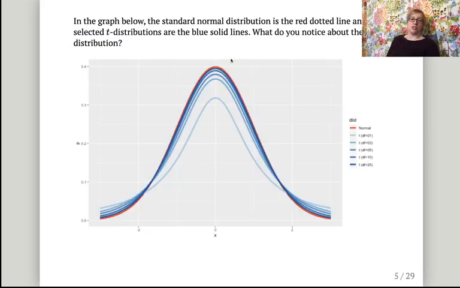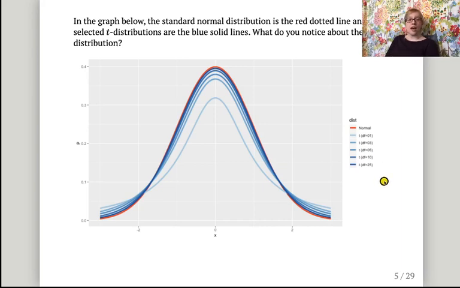Here's what the t-distribution looks like compared to its parameter, degrees of freedom. Now, degrees of freedom is a measure of how much information we have. So in the legend of this graph, as you see df go up, that increases with the sample size. So darker blue lines indicate bigger samples.